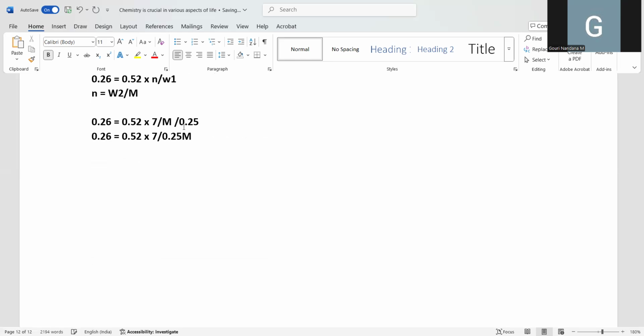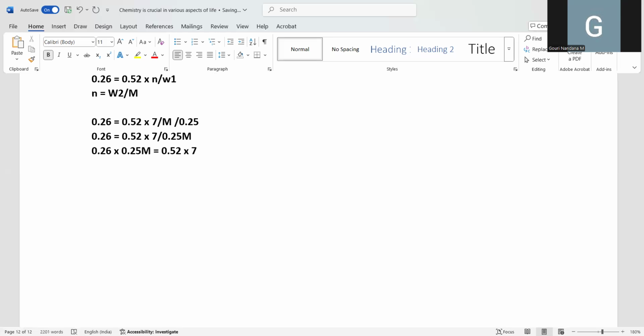From this, we can find M. Just simplify it. You can bring M to the other side. That is 0.26 into 0.25 M is equal to 0.52 into 7.